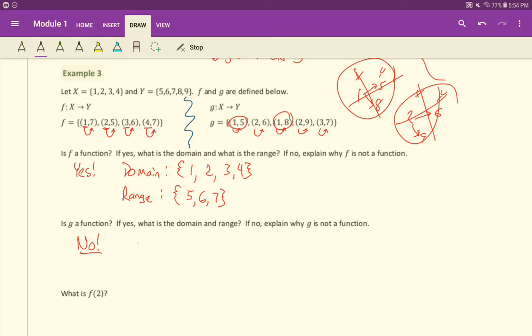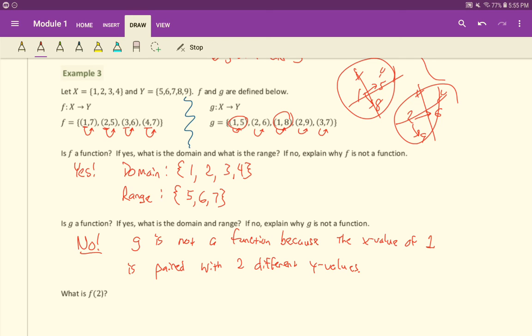So you can say, g, I'll use lowercase, g is not a function because the x value of 1 is paired with two different y values.